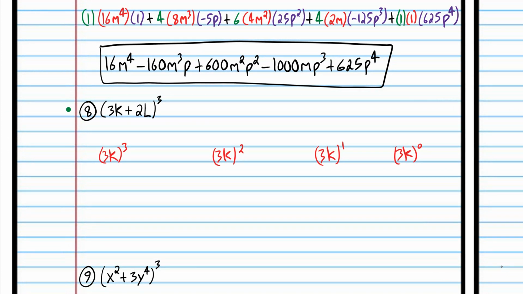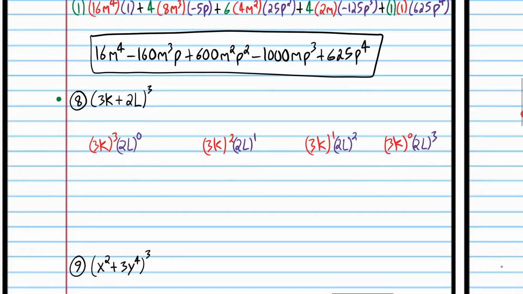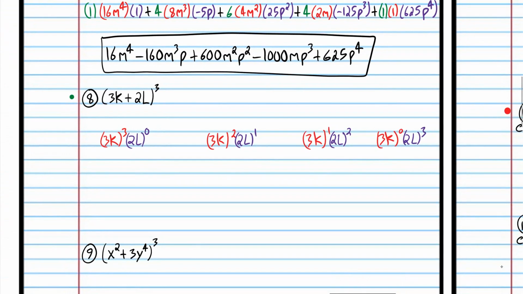And now we're going to write 2l to the 0 power, and then 2l to the 1st power, so we're going up in power. 2l to the second power, and then 2l to the third power. Now let's write the coefficients.